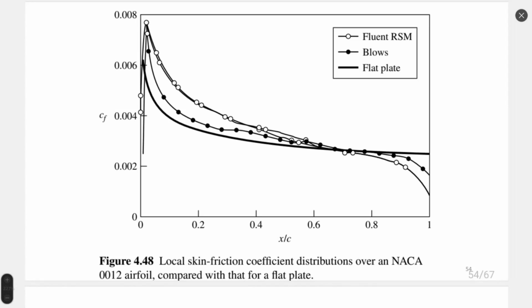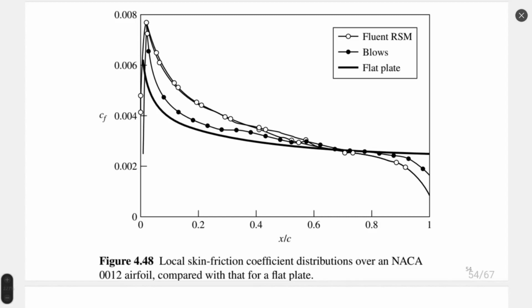For the NACA airfoil, friction coefficient is bigger because the airfoil shape is curved. We already knew it would not be possible to exactly calculate such a friction coefficient, right?